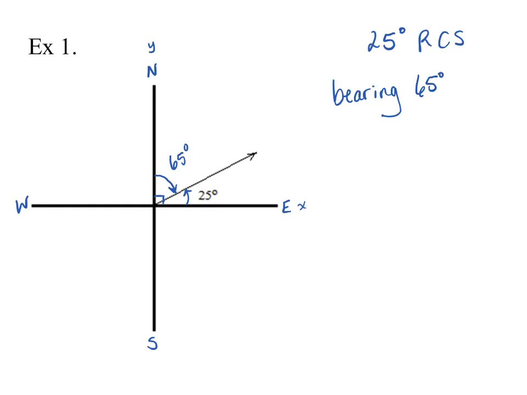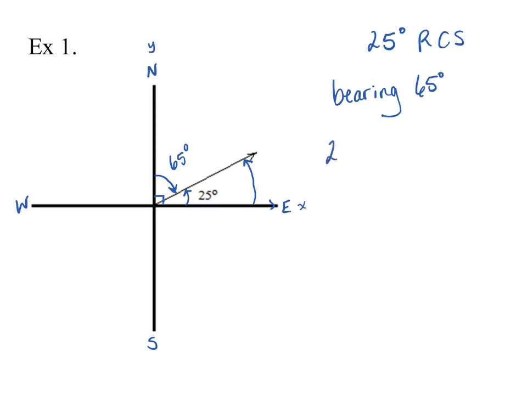Okay, so what do we have? This arrow is going in the northeast direction, but I need specifically how it is going from northeast. So if you start east here in the x direction and you go 25 degrees north of that, north is going to the top of the page here, then I have that 25 degree angle. So how do we say that?